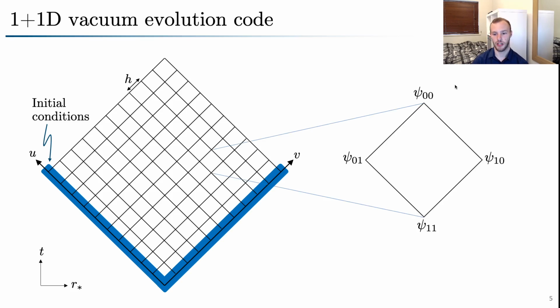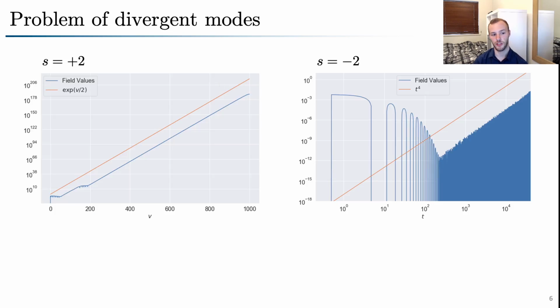So consider we want to calculate this point psi naught given these 3 other points. We can use the other points and these functions h, big H, and these depend on the grid spacing, little h, the mode that we're currently trying to calculate, and the radius. And so you can calculate points iteratively and cover the whole domain of the 2D space. When you do this, we find that there's a problem with divergent modes.